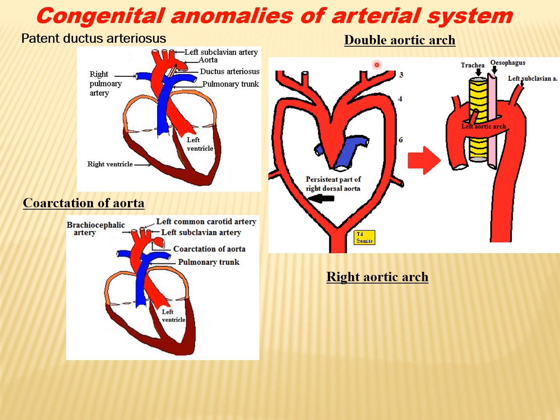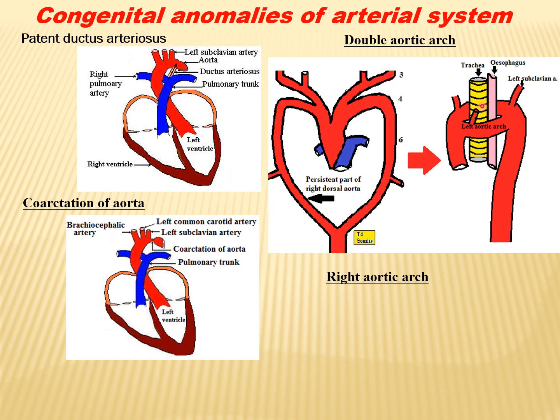The third is the double aortic arch. Double aortic arch results from failure of obliteration and disappearance of this part of the aortic arch that we see in the diagram of the derivatives of the pharyngeal arch arteries. This part disappears. Persistence of this part of the right dorsal aorta results in a complete ring called double aortic arch, the right and left aortic arches forming a ring.